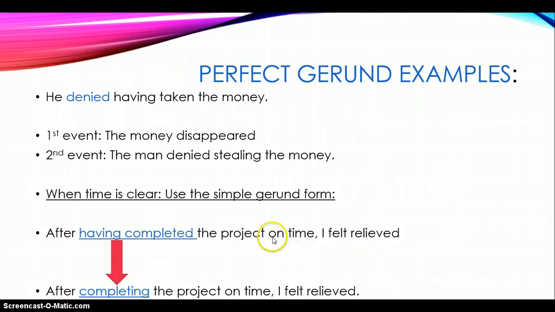Well, on time tells me that I have a specific moment, so the time is clear. Okay, so then I can use the simple gerund form, and here it is: after completing the project on time, I felt relieved. Once again, the simple gerund form is going to be your verb plus -ing.